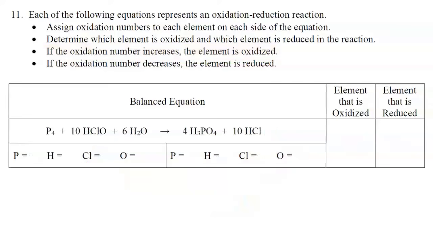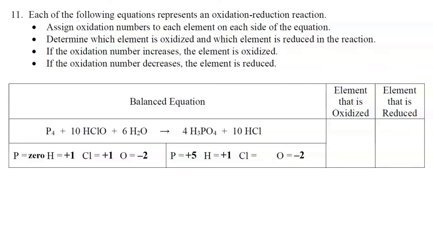In our next example, we have phosphorus in elemental form. So that's going to be 0. Hydrogen is +1. Oxygen is -2. And the chlorine in that HClO compound, chlorine carries an oxidation number of +1. On the other side of the equation, hydrogen is +1. Oxygen is -2. In the H3PO4 compound, phosphorus would be +5.